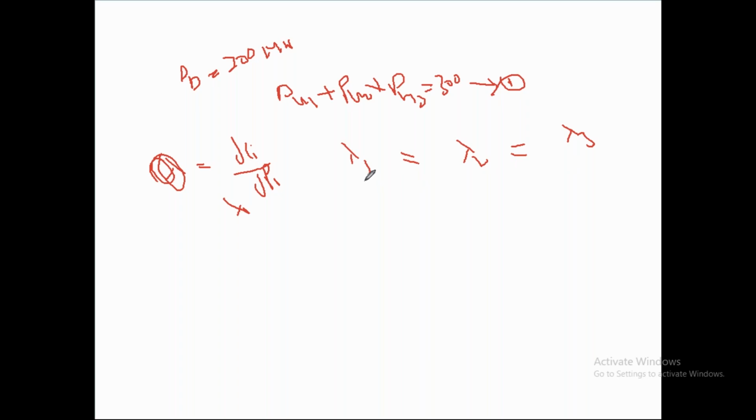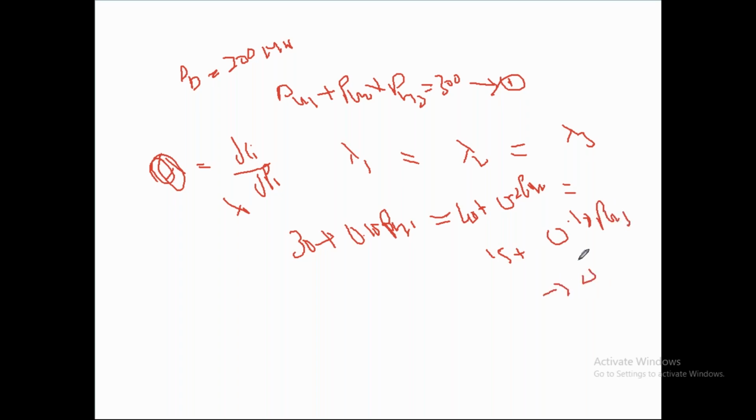Now, what is the equation of lambda 1? 30 plus 0.15 Pg1 equals, what is lambda 2 here? 40 plus 0.2 Pg2. Next, what is lambda 3 here? 15 plus 0.18 Pg3.